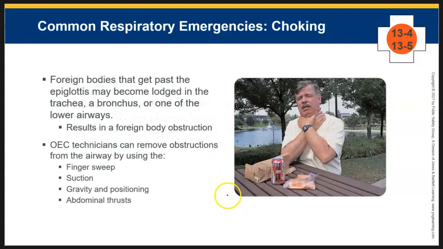Now, additionally, we may be concerned about a foreign body obstruction, and so we also, in Chapter 9 on airway management, look at finger sweep, suction. We consider gravity and positioning, and as part of our CPR training, consider abdominal thrusts too.